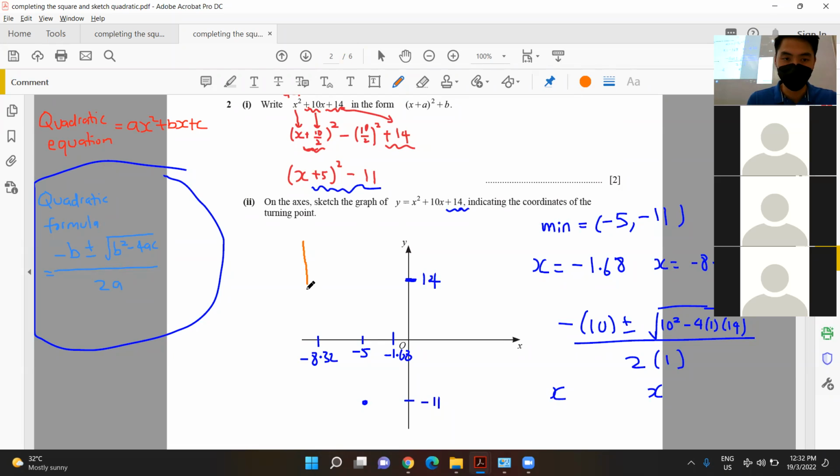It will look like this. Well, of course, you guys need to draw it very nicely. Actually, the trick is that you draw it like that first, and then only you label the points, since it's easier to label like that.